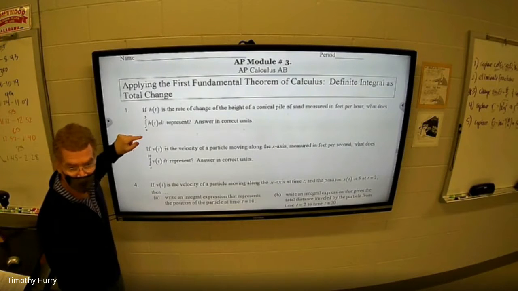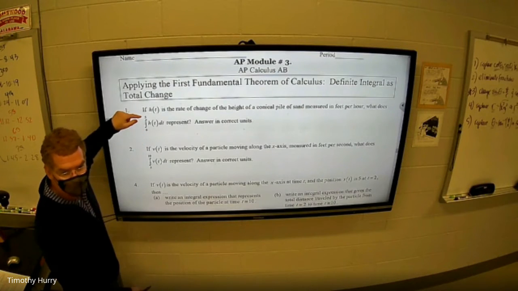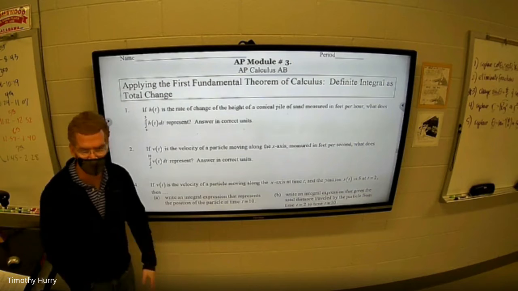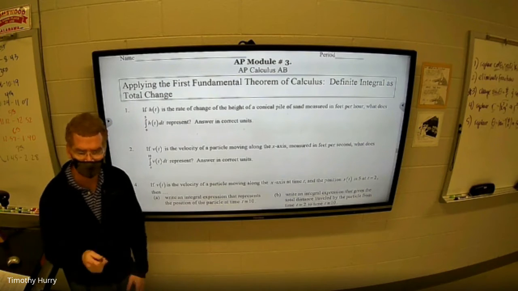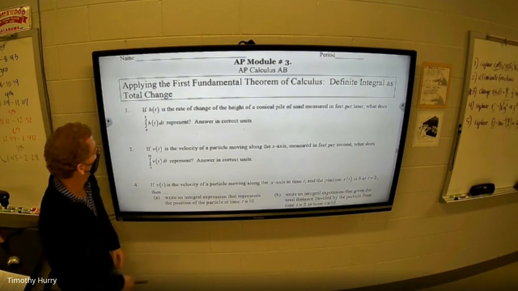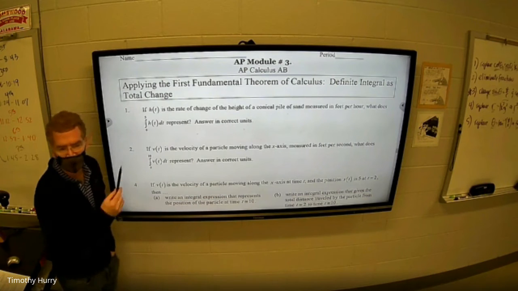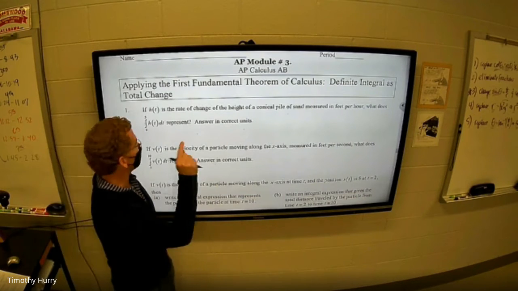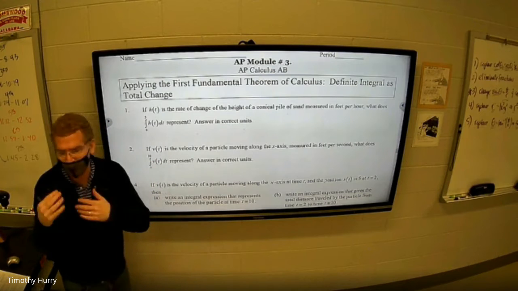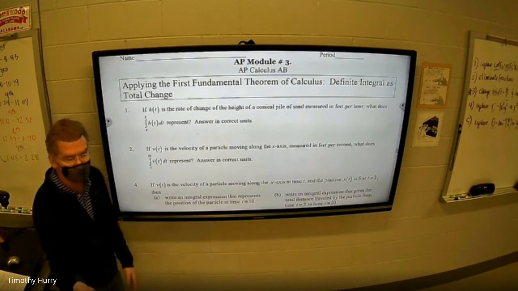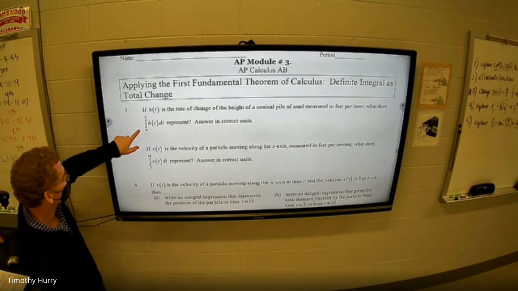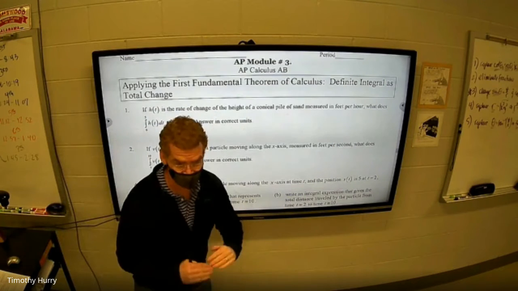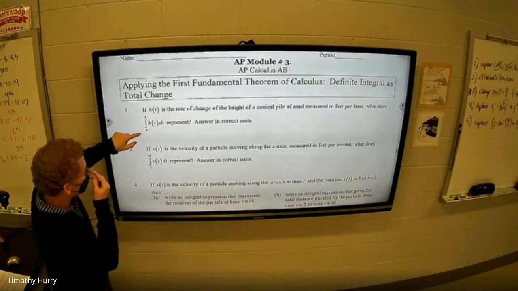So from the time it started until 5 hours later. AP loves asking you to write an integral, or giving you an integral and saying, express in words what this means, using correct units. Please do not say, that's the integral of H from 0 to 5. They can read the math expression. They want to know, in whatever real-life context we're talking about, what does that mean? You would need to say, based on what I'm seeing, this is the change in height from time 0 to time 5.